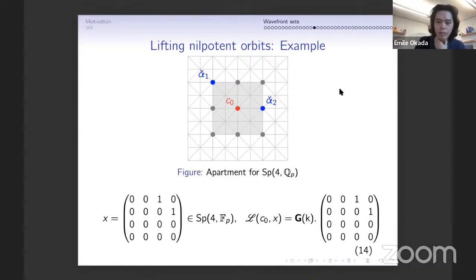And to give a couple of examples again, if you take the vertex corresponding to the origin of this apartment, and you take x to be this nilpotent element here, then the lift is just the matrix that looks the same, but here one lives in the p-adic field rather than the finite field, and it's the orbit of this.